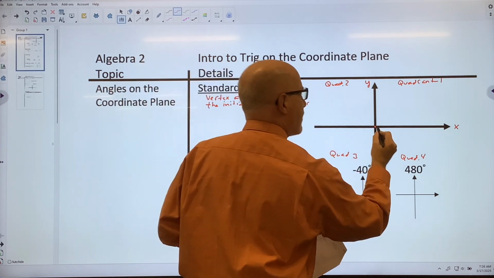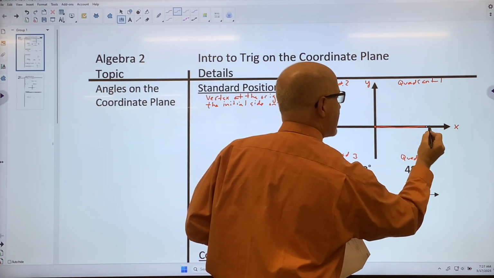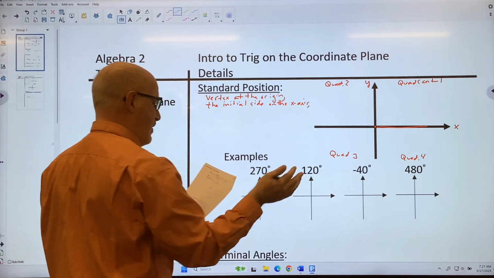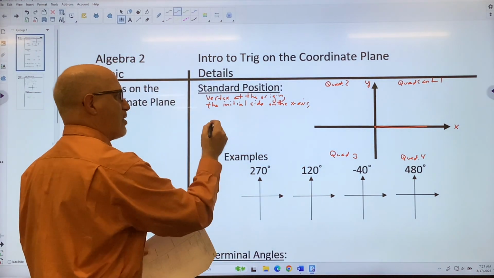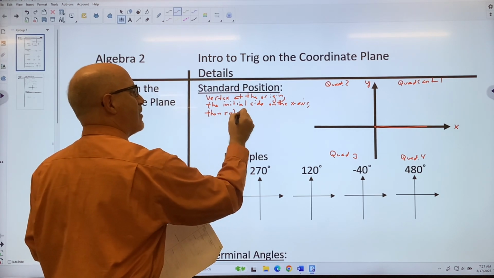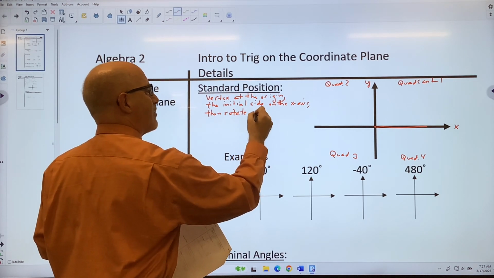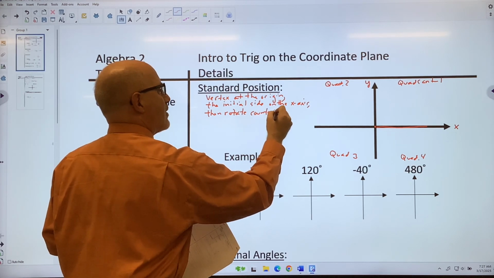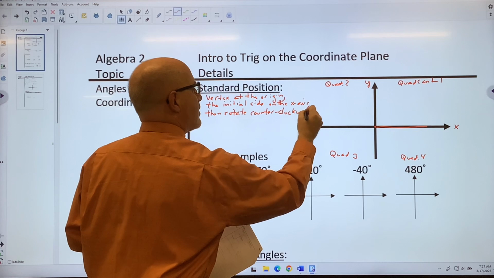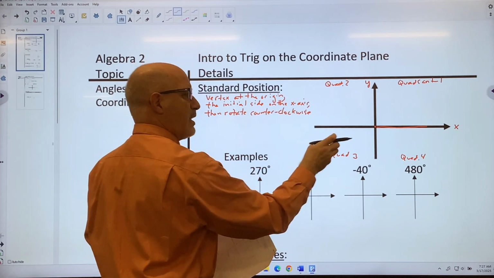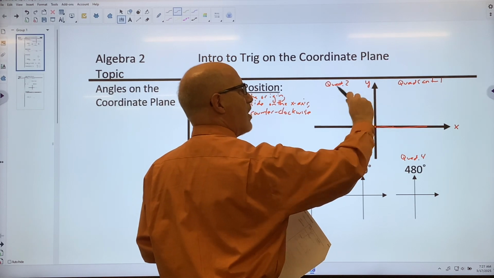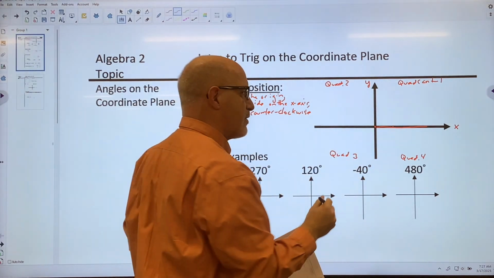So you would start it, for instance, looking like this, with your initial part of the angle, and then you would rotate it counterclockwise. Right, so we're going to take the angle and rotate it up like this. Counterclockwise is our positive direction for the angle.